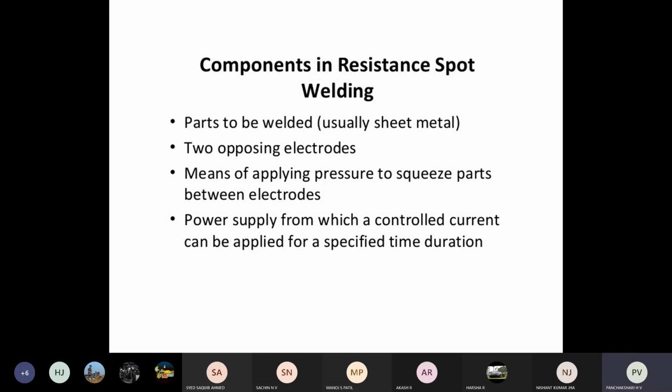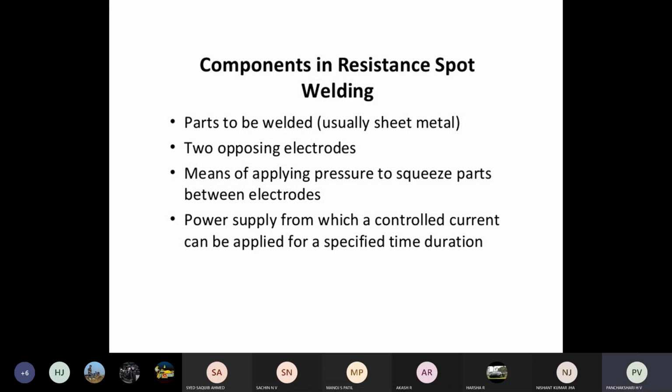Force is not applied, only heat is applied. But in this case, heat is applied and force is also required. Therefore, application of pressure to squeeze parts between the electrodes is required.